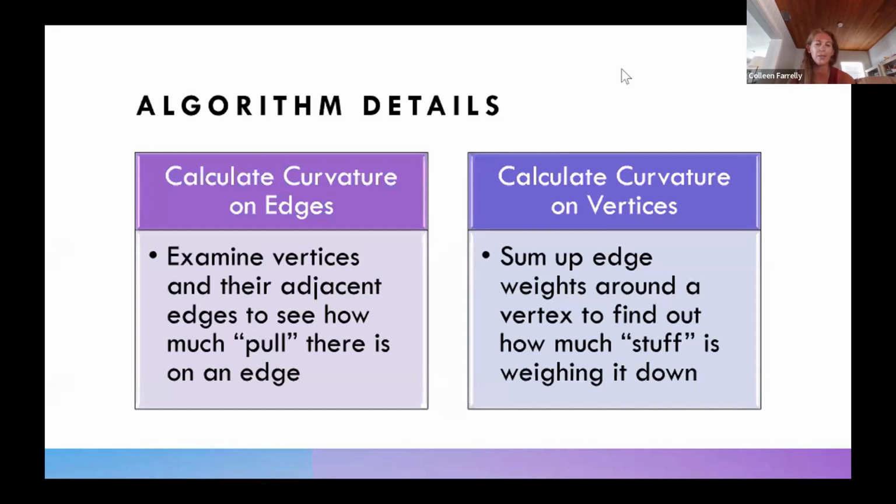Each of these edges kind of contribute to weighing down the network. So once we have what's happening with the edges, we can sum up the edge weights around a vertex and figure out how much stuff is tugging on our vertex. And that gives us an idea of how important that vertex is to our network in general.